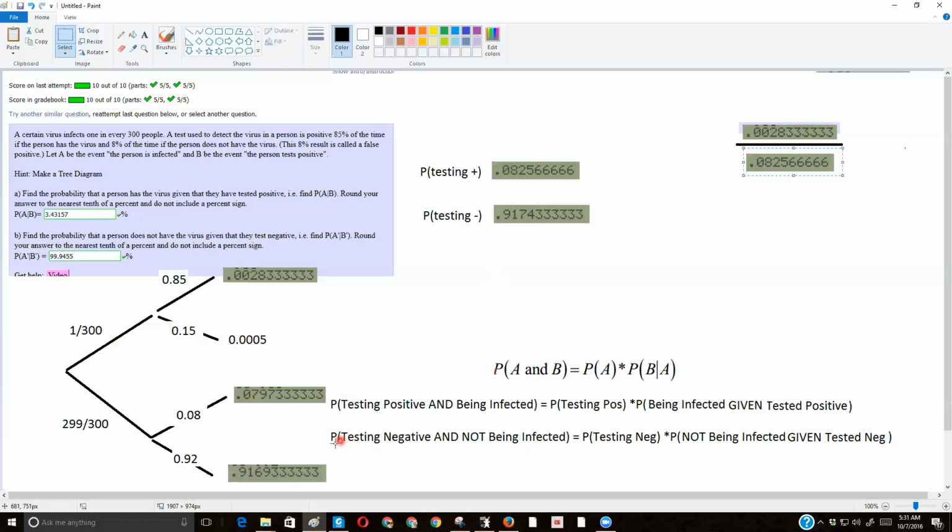And this number is the probability of testing negative and not being infected. So let me grab that. That's the numerator. And we're going to divide by the probability that somebody tested negative. Let me be official and put a division line between that. And multiply that answer times 100. And it's pretty darn close to 100%.